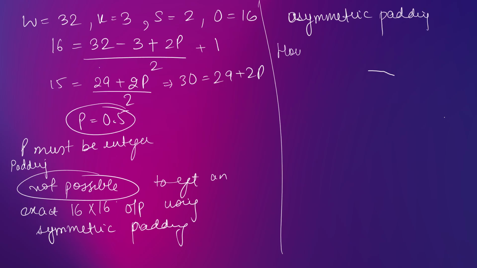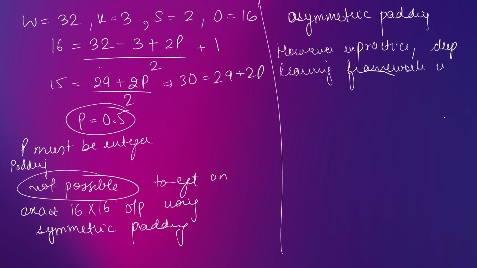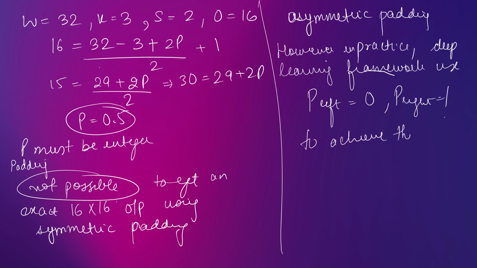So you'll write, however, in practice, deep learning frameworks use this concept, asymmetric padding, where we use the value of p left and p right. And then we can achieve this size. This is optional if you want to write, but if you write not possible, that's also the right answer. Till here it's fine.